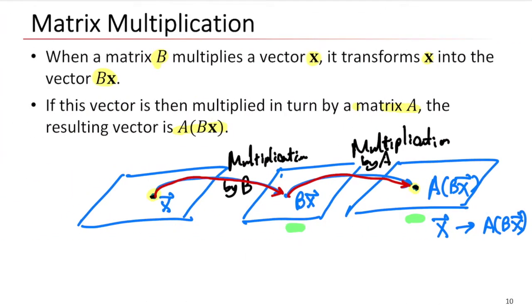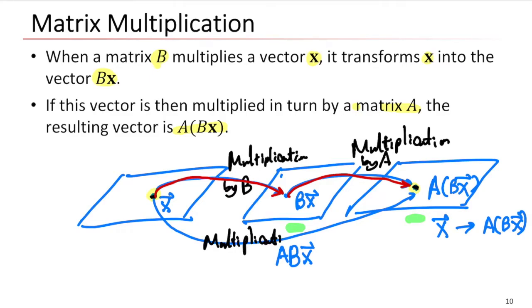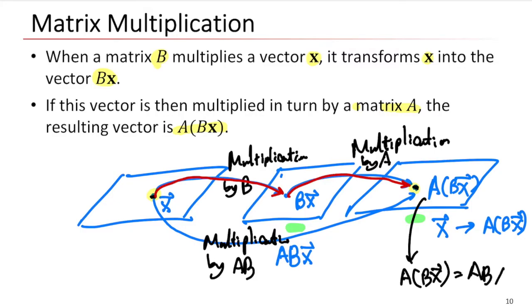So there is another mapping function, something like this, multiplication by AB. Okay, like this. So in other words, A times Bx is equal to (AB)x.